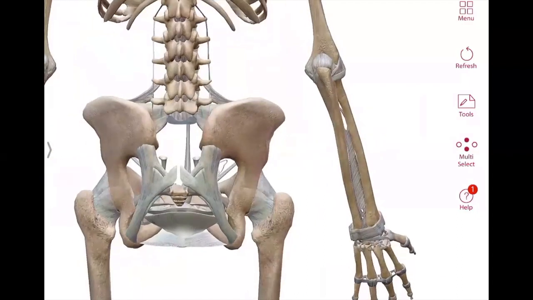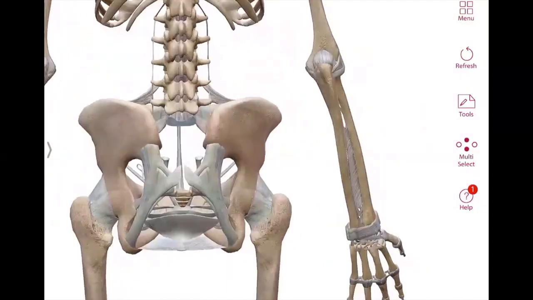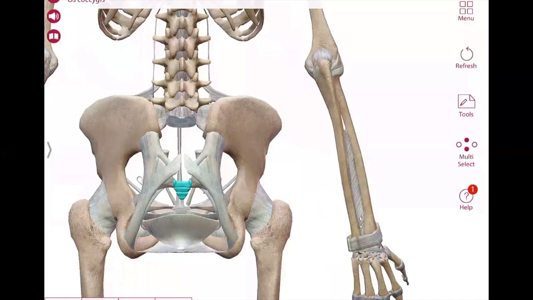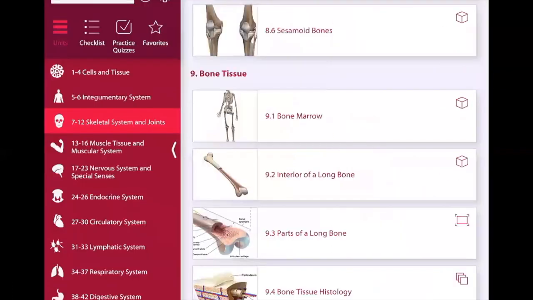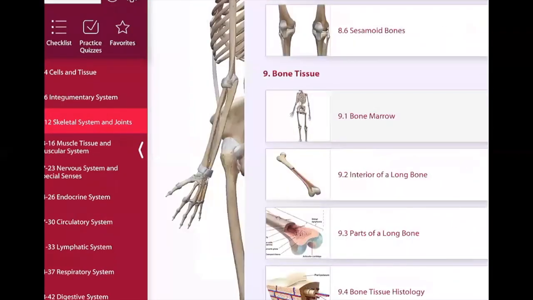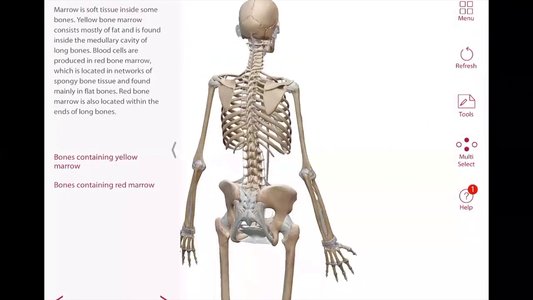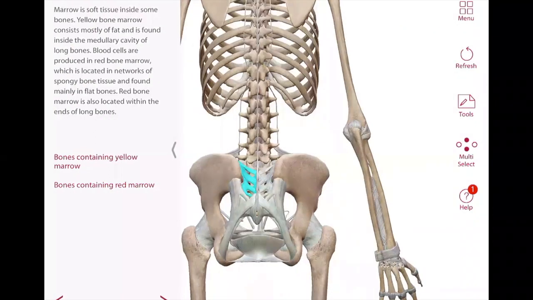Now we can't see the sacrum. It disappeared. That was the sacrum, and this lowermost part is the tailbone or coccyx. In this image, we can see this is the sacrum.